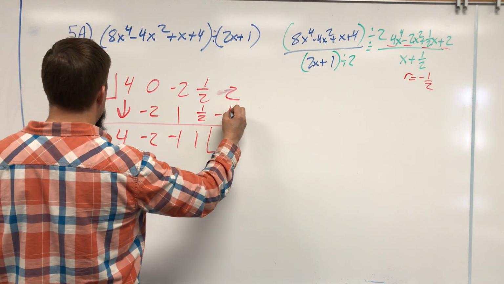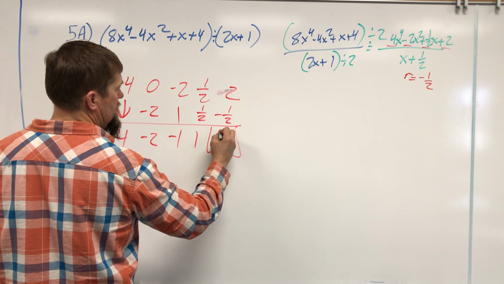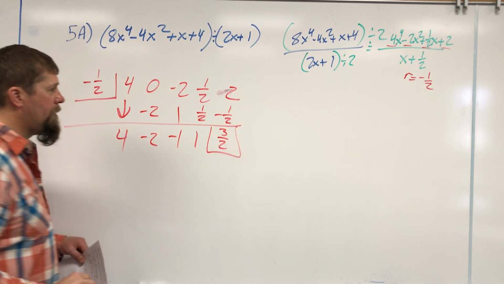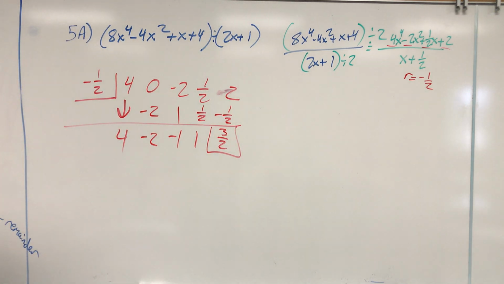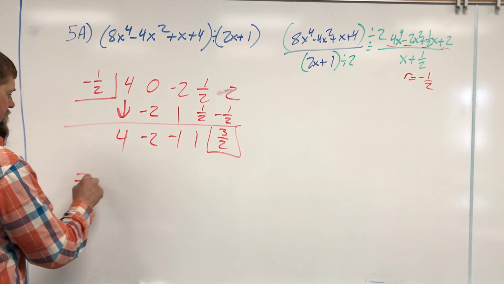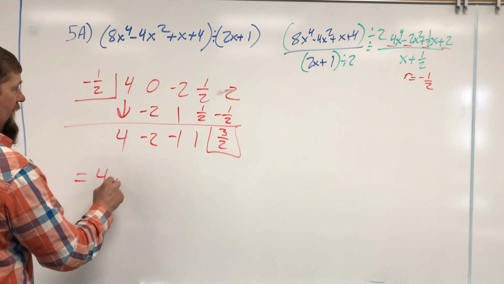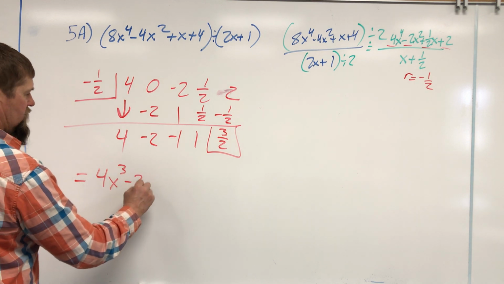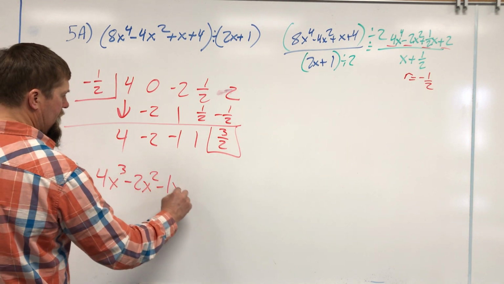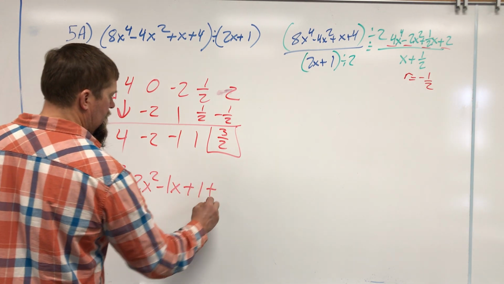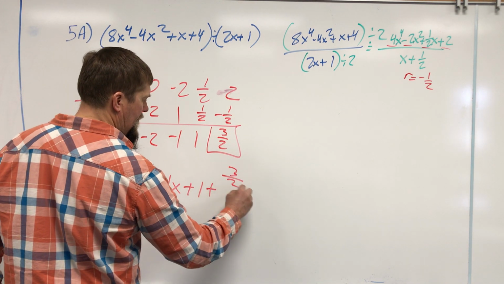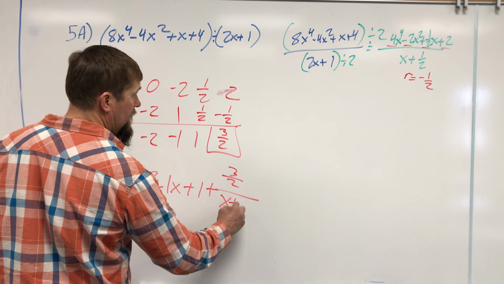And then I end up with negative 1/2, which is 3/2. So my answer or quotient is 4x cubed minus 2x squared minus 1x plus 1, plus I end up with 3/2 over x plus 1/2.